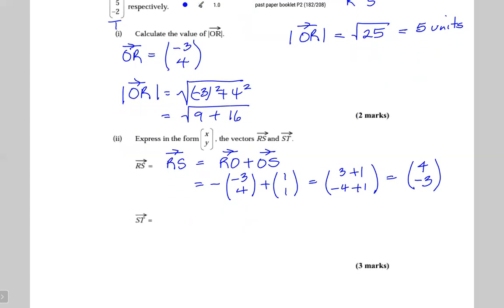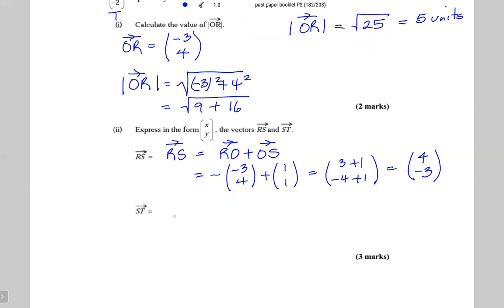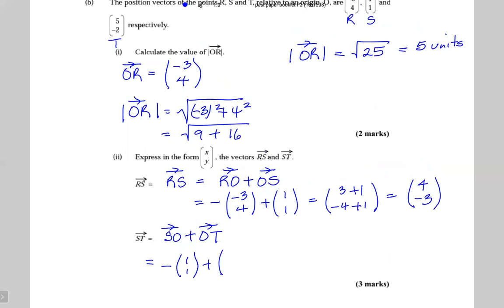Then ST is equal to SO plus OT, triangle law of vectors. So SO is minus OS, so it's minus 1, 1, plus OT, which is 5, minus 2.